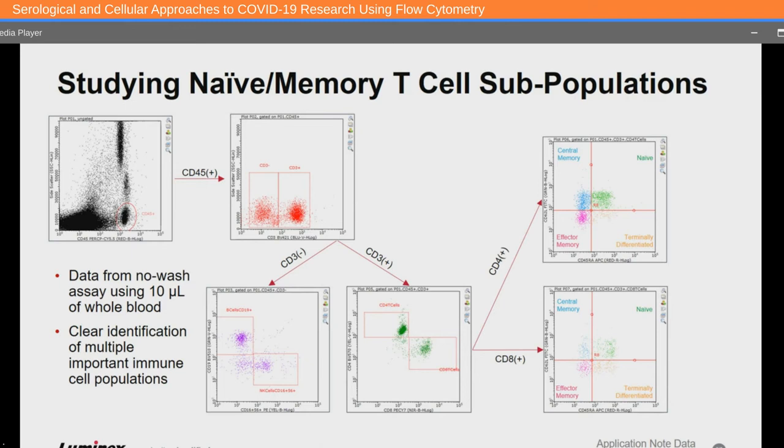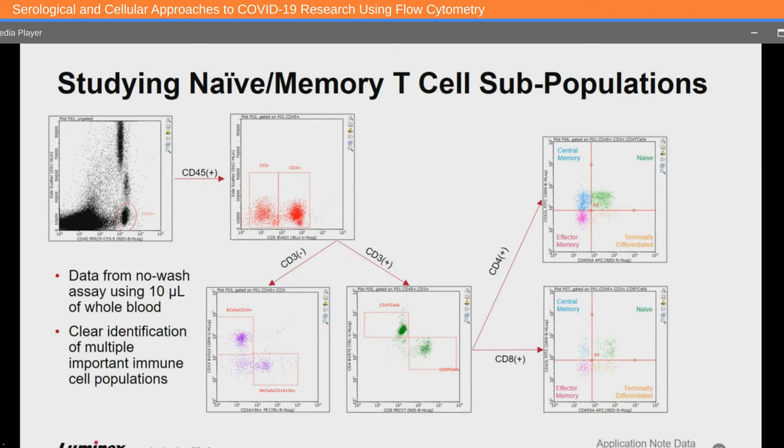One can take this further to obtain more detailed information on naive and memory T-cell populations. Here, fresh whole blood was stained with different combinations of antibodies in a no-wash format and analyzed by microcapillary flow cytometry.